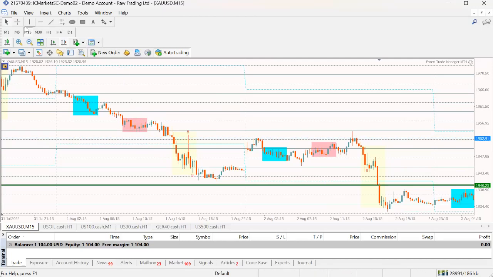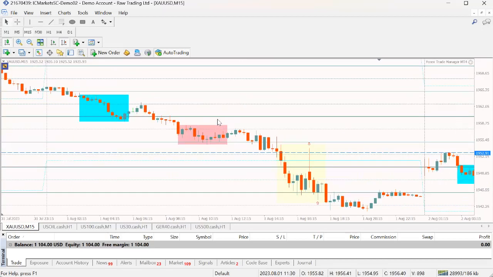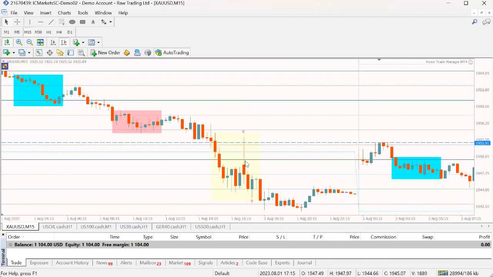If I can find my tools, I've shifted. Here we go. Right. So we have this news event which occurred at 9:10 a.m. on the 1st of August. It's quite obvious this is a news event based on the size of the candle and even the size of the wick of that candle.